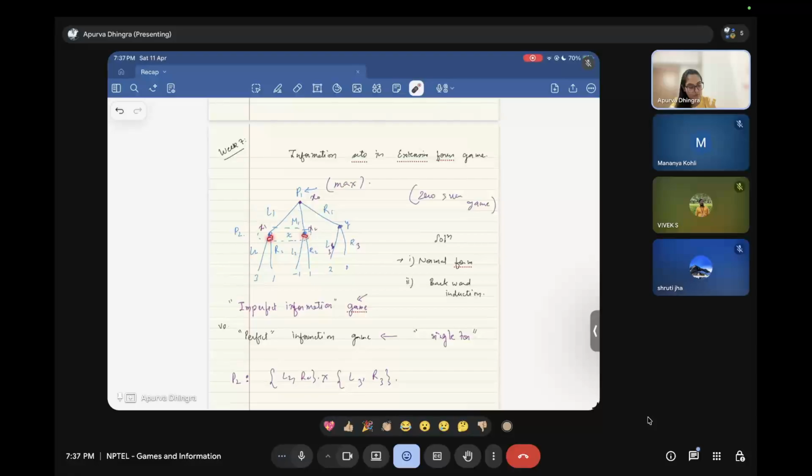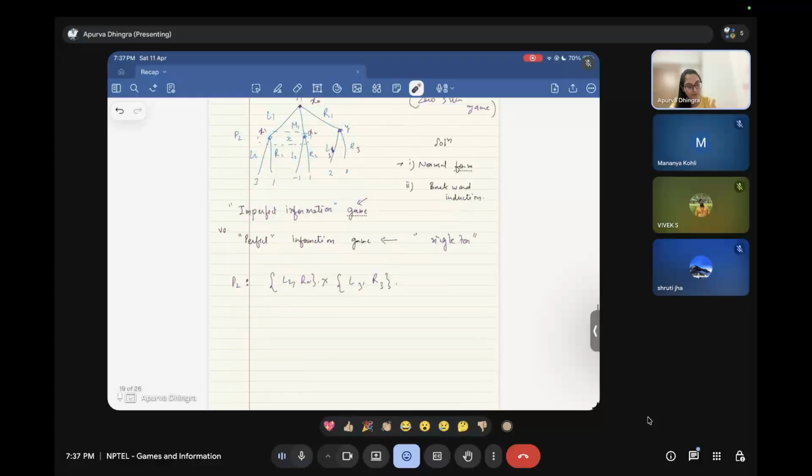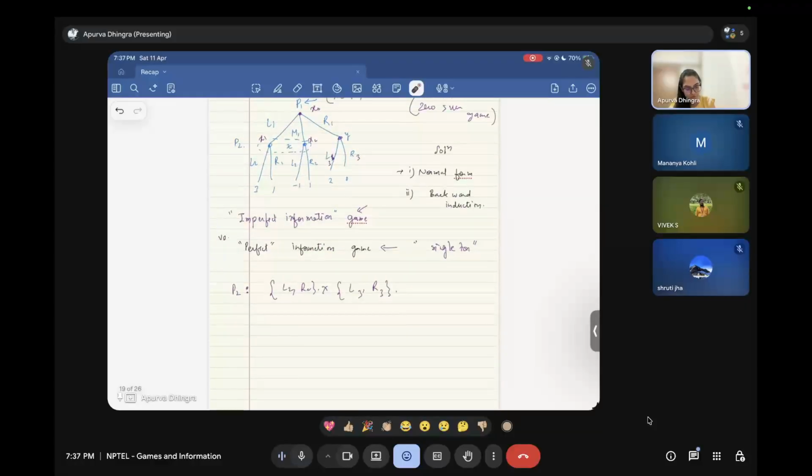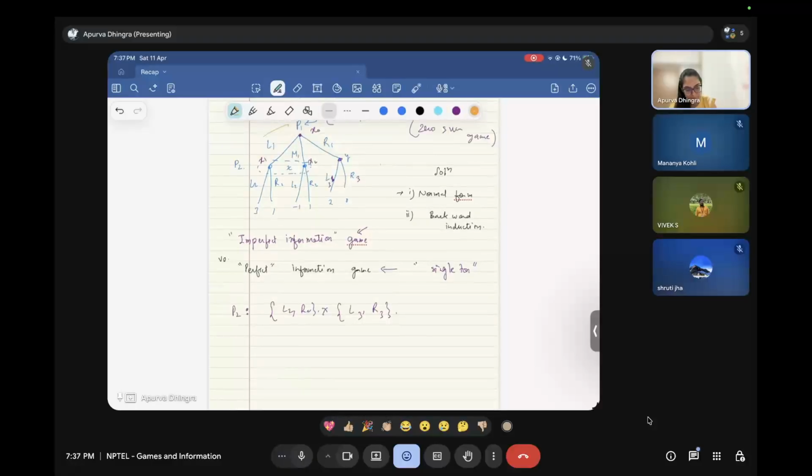Player 2 does not know which node he is at, so he has these options. Now this portion of the game can be captured as a static game, meaning I can write that portion in the following form, what do we call it?